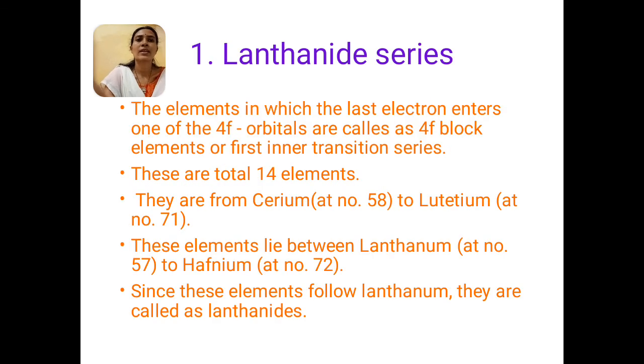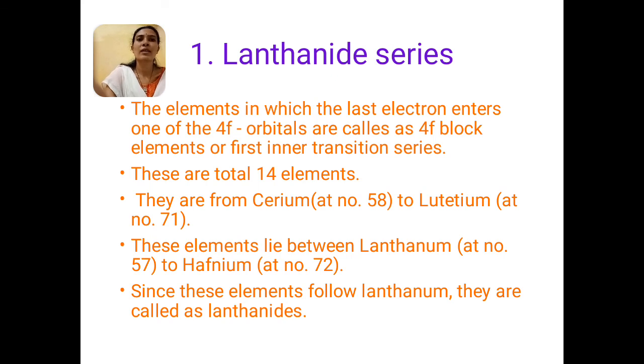First, lanthanide series. The elements in which the last electron enters one of the 4f orbitals are called as 4f block elements or first inner transition series or lanthanide series. Means the last electron of the particular element enters in 4f orbital.